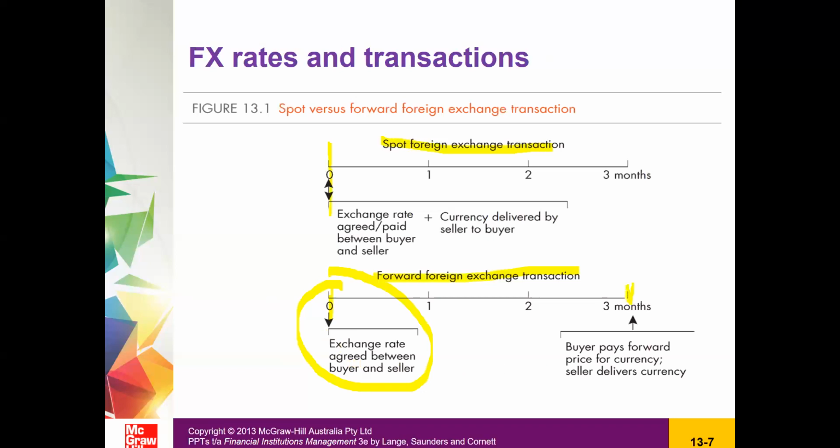Here, the buyer pays the forward price that was set 3 months back, and the seller delivers the currency. So you can understand that a forward exchange transaction is entered into by the parties to lock into a particular exchange rate if they expect that the exchange rate will fluctuate much in the coming times.